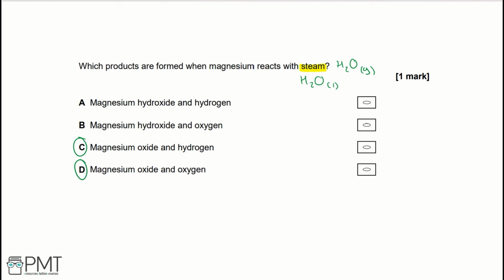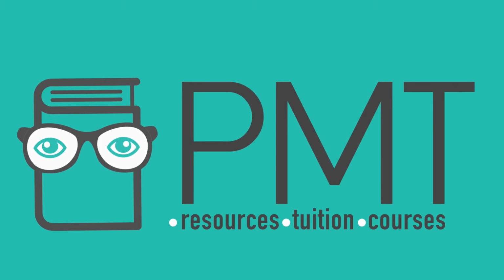And in both cases, whether it's water or steam, we produce hydrogen gas. So that means we can eliminate D and B before we even consider if it's water or steam. But because it is steam, we're going to produce the metal oxide and hydrogen. So our answer is C.